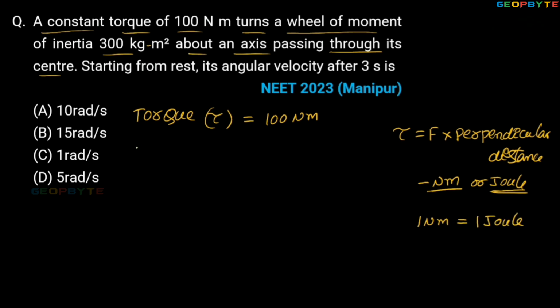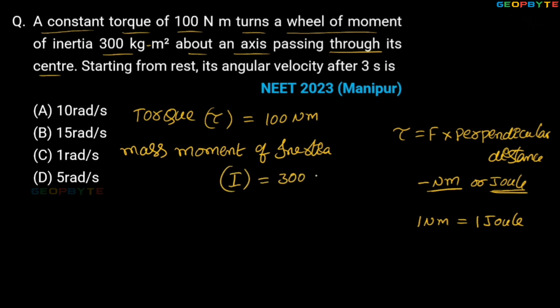Next, mass moment of inertia is given. Mass moment of inertia is generally denoted with I, equal to 300 kg meter square about an axis passing through its center.